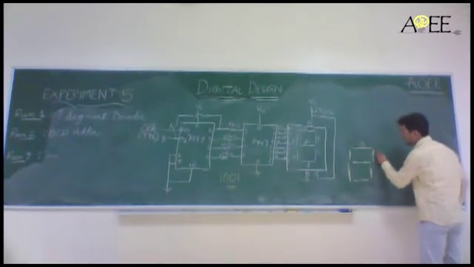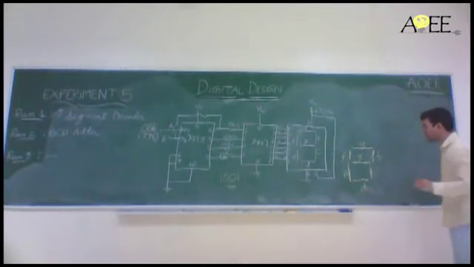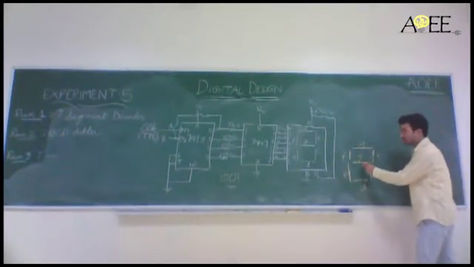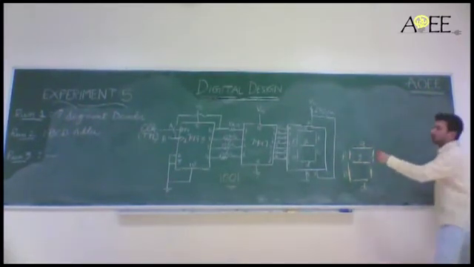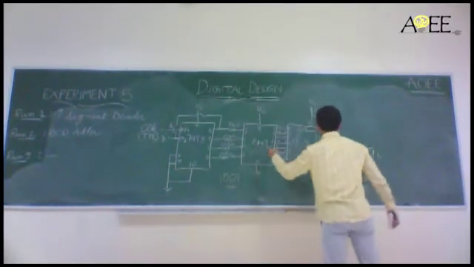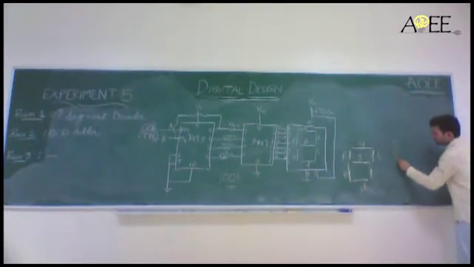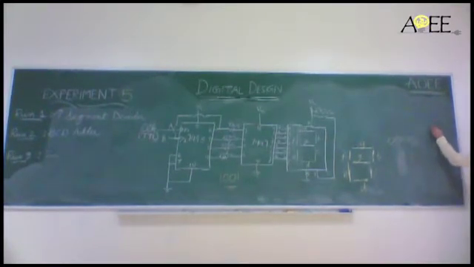See, this is from A, B, C, D, E, F, G. So if I want to display 0, that means everything should glow except G. So the logic says that if 0 has to be displayed, that is if the output from the counter to the 7447 is 0000, then my A, B, C, D, E, F, G should display 1, 1, 1, 1, 1, 1, 0.